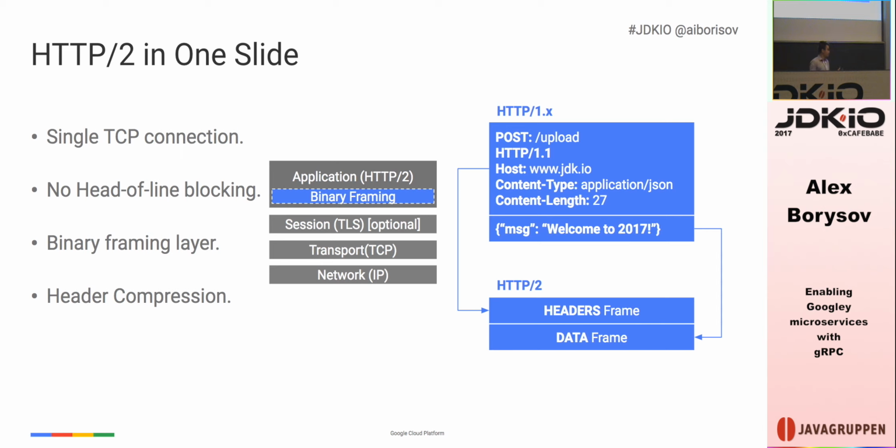First of all, H2 is a binary protocol, unlike text H1. H2 can use a single TCP connection for multiple HTTP requests, which helps to increase parallelism. H2 addresses head-of-line blocking, which was an issue in H1. It has an efficient header compression mechanism called HPACK that helps to reduce protocol overhead. And it has some other features like server push and stream prioritization.